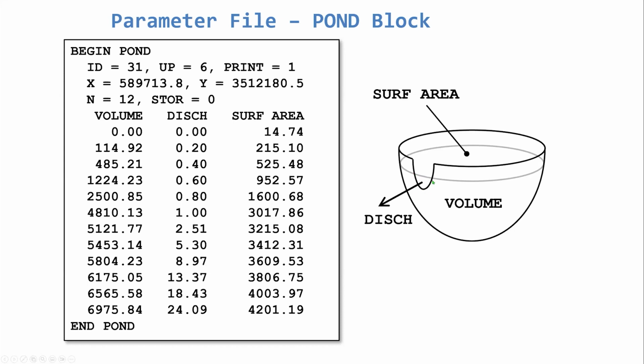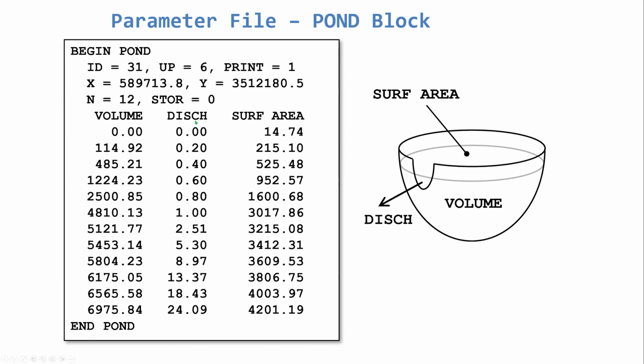So you need to know, is there some control here, or a weir, to say what the discharge is when there's X millimeters of depth over that weir?